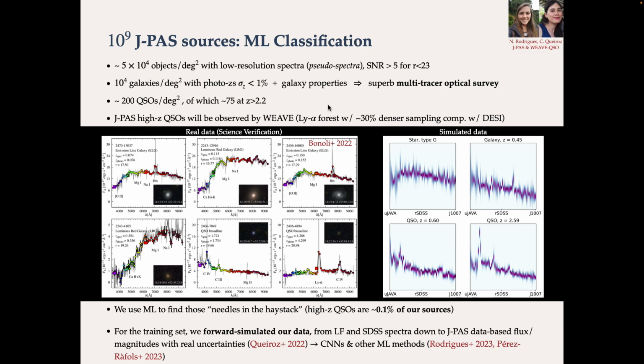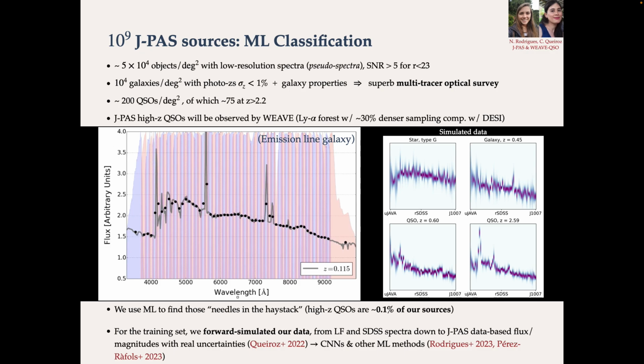So this data set will be a superb way of doing a multi-tracer survey of the universe, especially below redshift 1. We will also have a large number of quasars. In fact, JPAS is an absolutely superb survey with which we can measure quasars and in general emission lines.